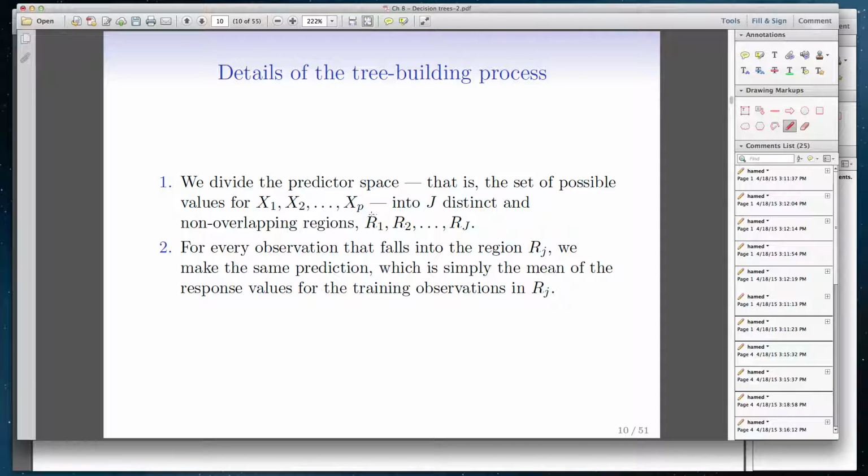So first we should decide how many distinct regions we want to have, or how many terminal nodes we want to have, J. In the previous example, we decided to have only 3 terminal nodes. You can have more and more and more. Then you have a feature space. These are the variables you had. In the example before, we wanted to predict the income of hitters based on 2 variables.